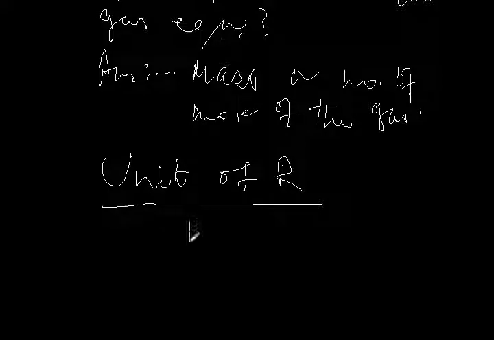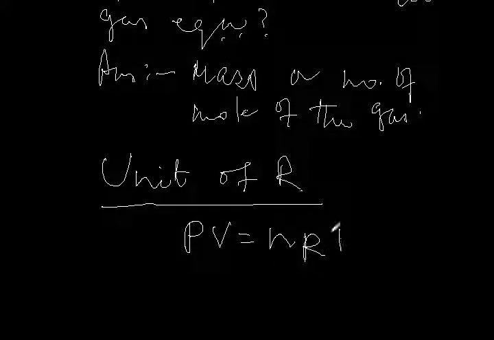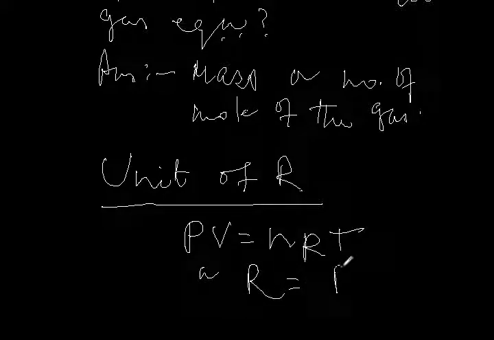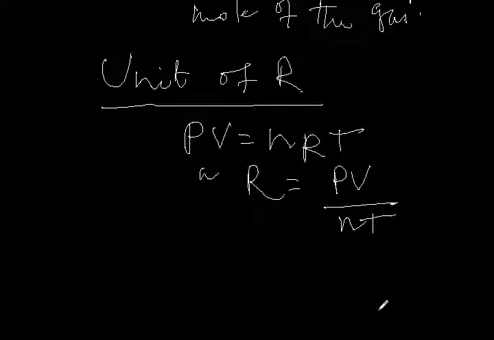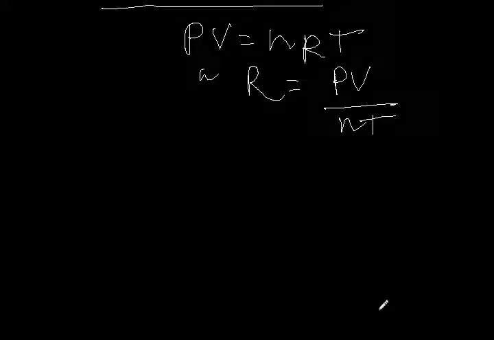We have obtained PV equal to nRT for n mole of gas, or R equal to PV by nT. Now by putting the dimensions of P, V, n and T, we will get the unit of R.